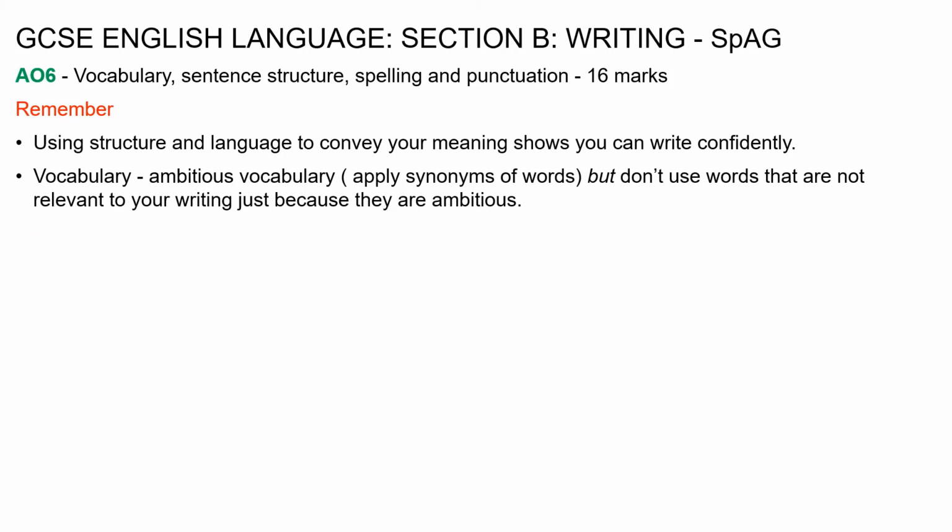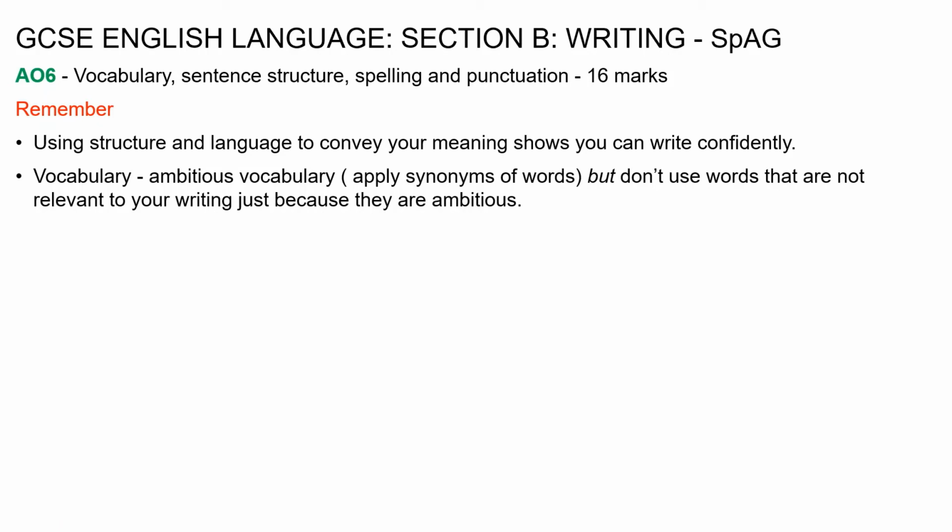When we talk about vocabulary, ambitious words, sophisticated words, these come through application of synonyms. Instead of repeating a word, have you learned some other ways of using that same word? It's a good idea if you practice this now.